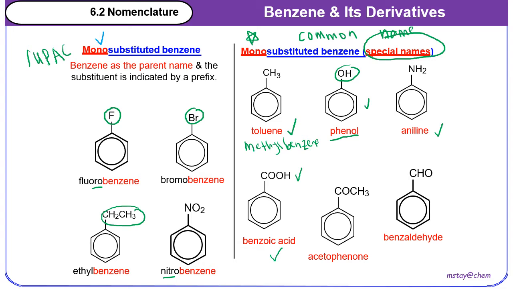And this one is phenone, because there is a ketone with two carbons, so basically it is acetophenone. This acetyl group is attached to the benzene ring directly, so we use phenone. And when there is an aldehyde functional group attached directly to the benzene ring, we will name it benzaldehyde.